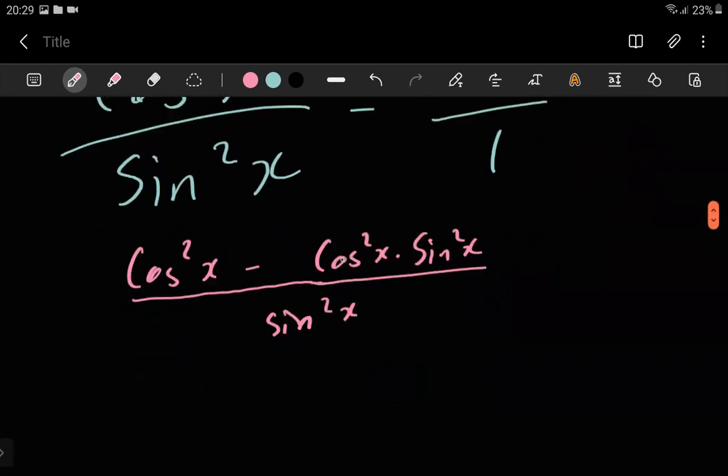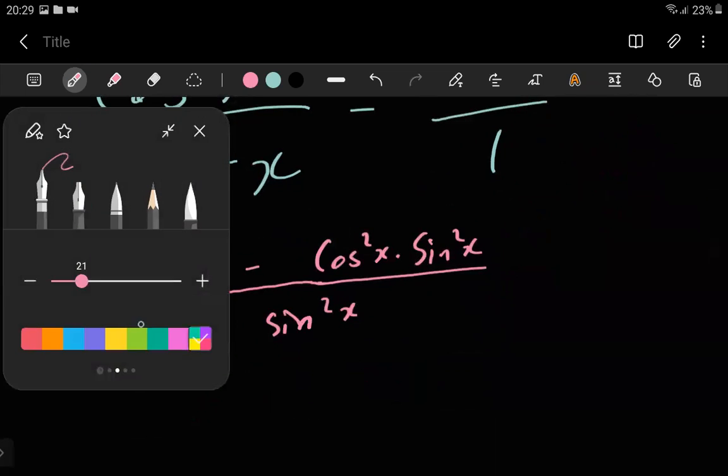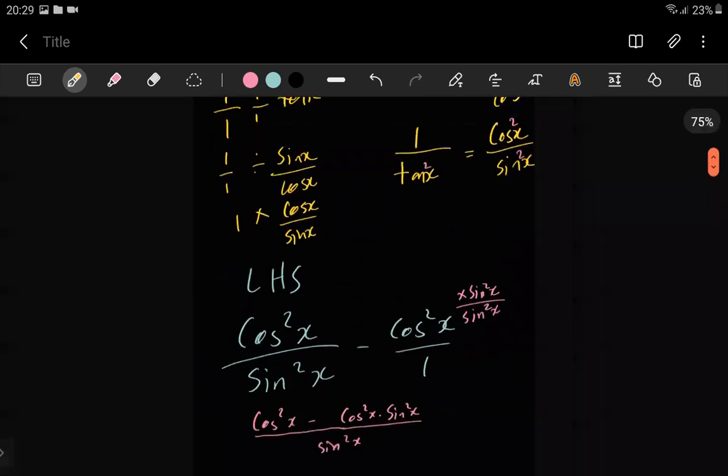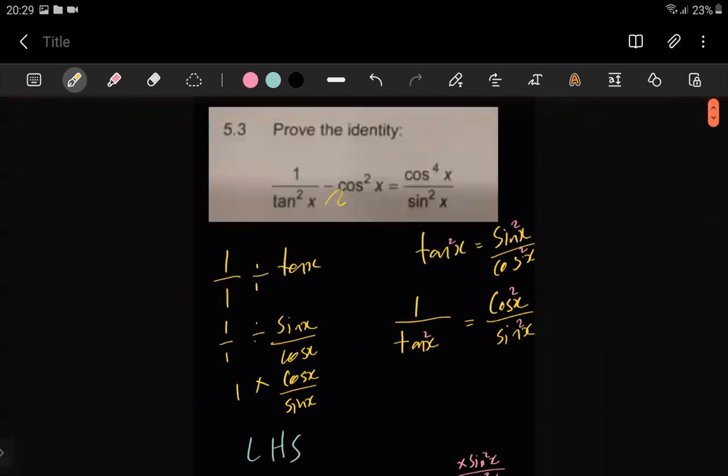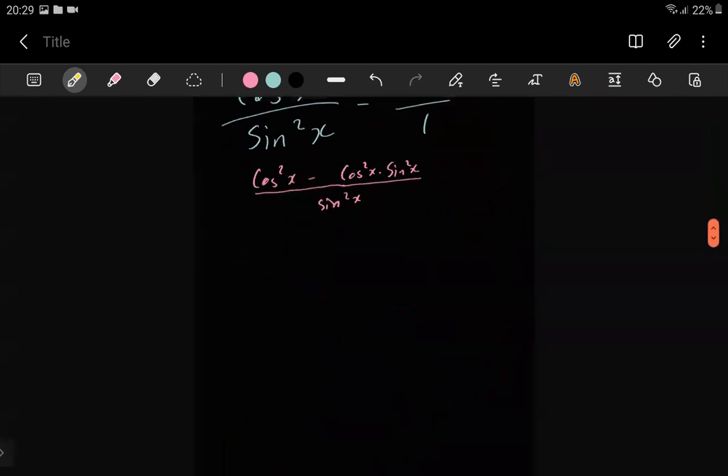Now this is where you just have to be a little bit creative, because remember your job is to make this look like that. You want the top to only have cos, but so far you have a cos with the sine.